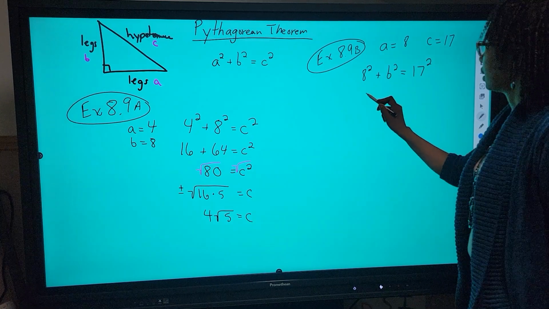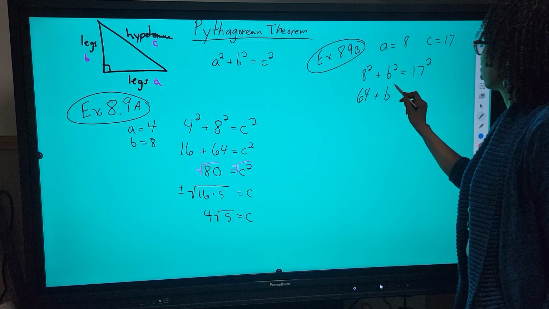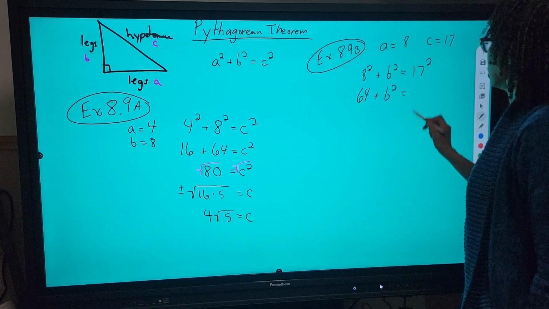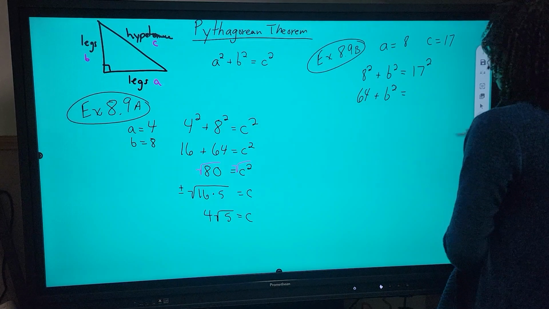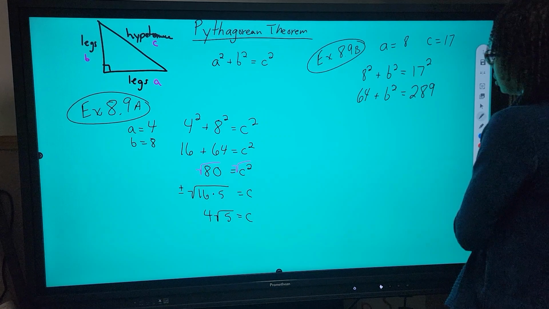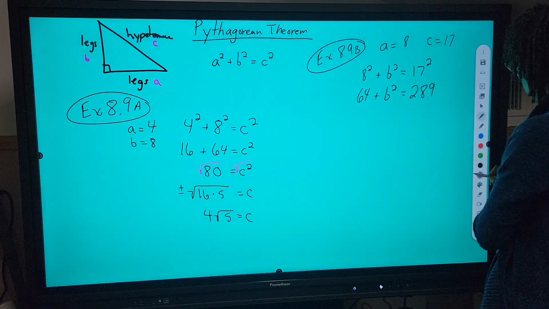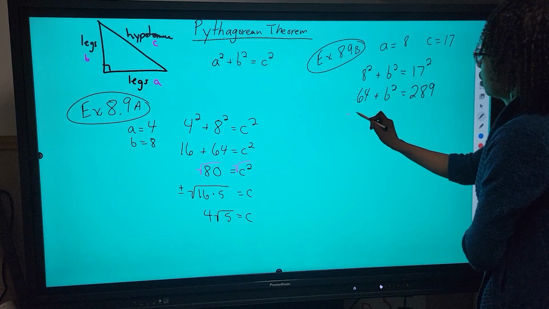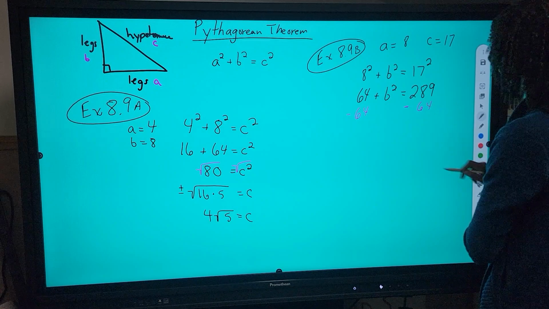Now we'll square 8. 8 times 8, 64. B squared is still B squared. And then 17 squared is 289. Our job is to solve for B squared, so we're going to subtract the 64 on both sides. Hopefully this purple looks okay. I know reds and other colors have been doing weird things on the screen.